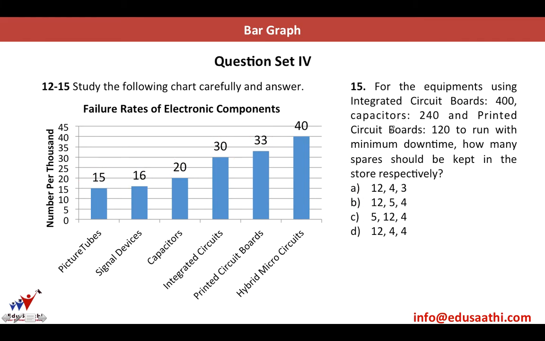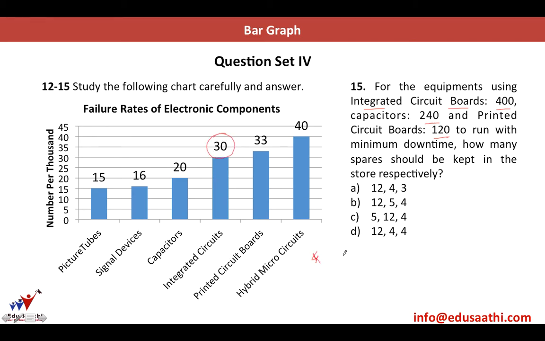Let's look at the fourth question for the set. For the equipments using integrated circuit boards 400, capacitors 240 and printed circuit boards 120 to run with a maximum downtime, how many spares should be kept in the store respectively? So I know that integrated circuit boards fail 30 times per 1000.